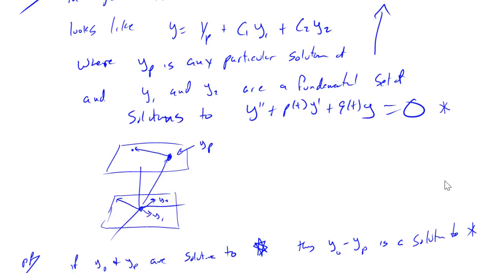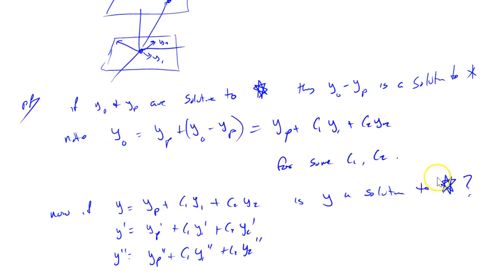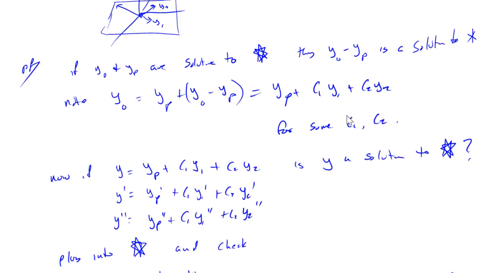So here we go. If you've got two solutions to the non-homogeneous equation, by the previous theorem, the difference of them is actually a solution to the homogeneous equation. Right? So now notice that I can write y0 as yp plus y0 minus yp. This is not rocket science here.